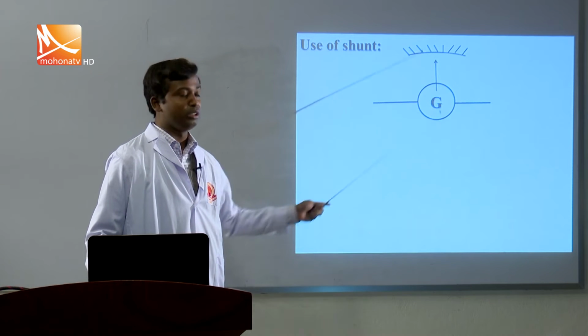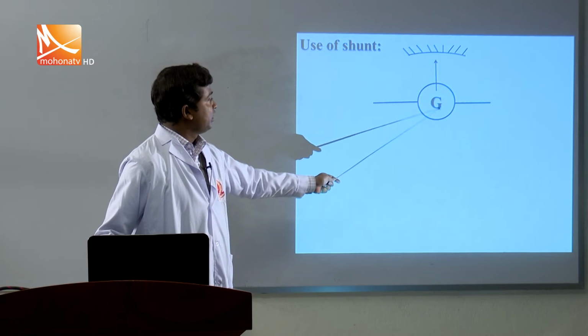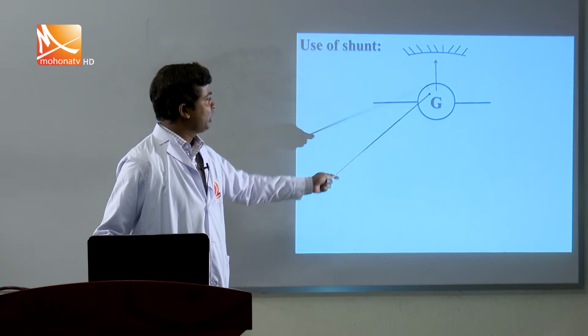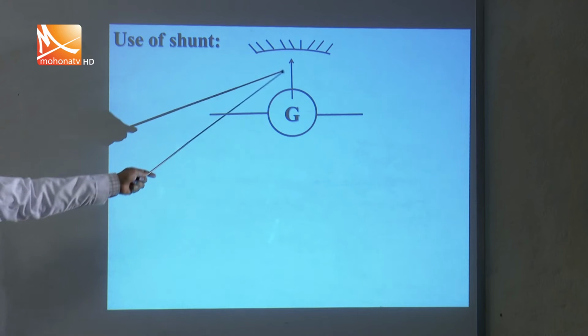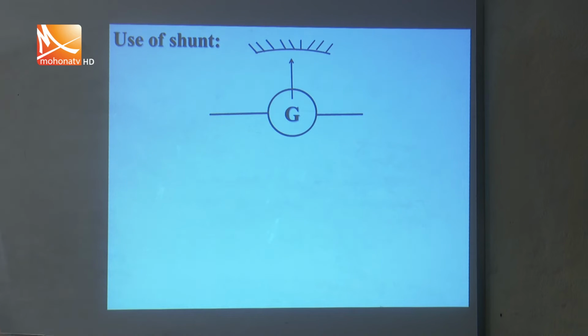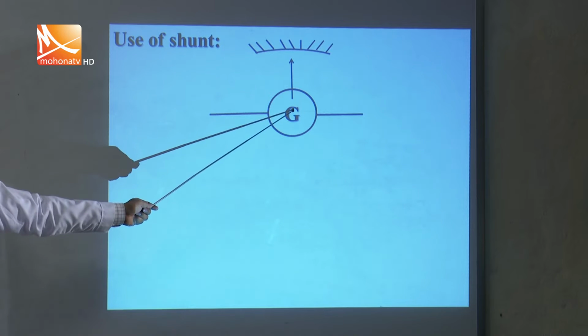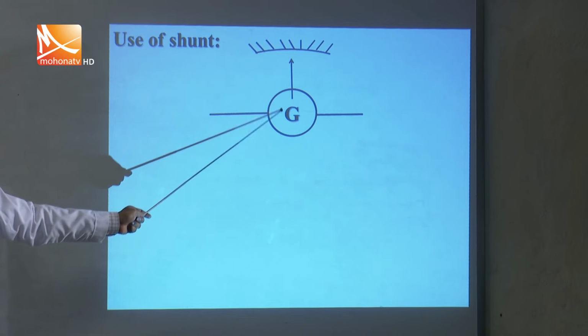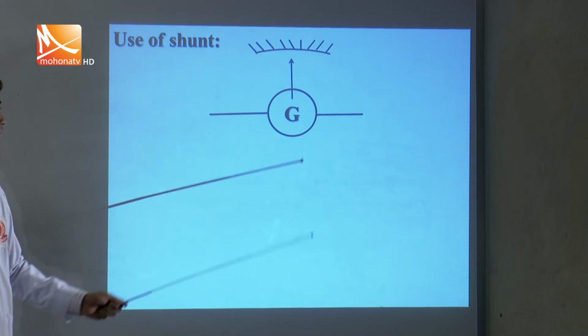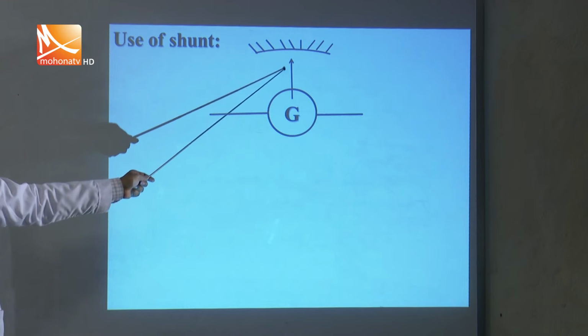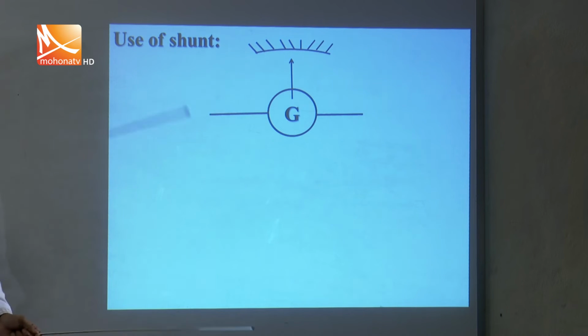This is a moving coil galvanometer where the deflection of the coil is measured by the rotation of the pointer, and this pointer is connected with the coil so that the deflection of the coil is shown by the indicator, and this indicator is calibrated along an ampere scale.